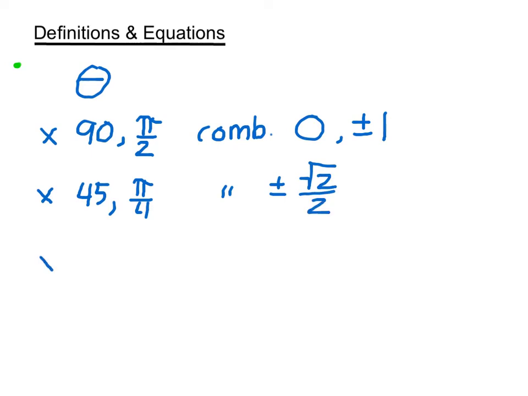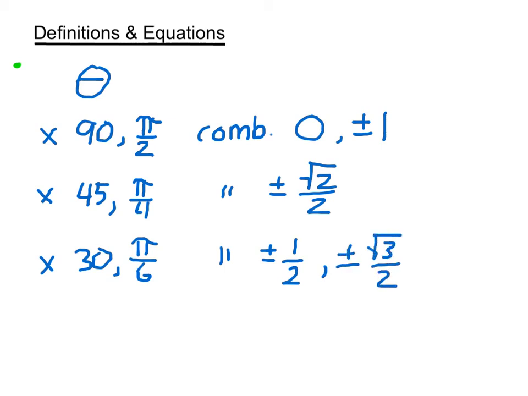And if theta is a multiple of 30, which we know is pi over 6, and not a multiple of 90 again, then the coordinates are going to be a combination of plus or minus 1/2 and plus or minus the square root of 3 over 2.